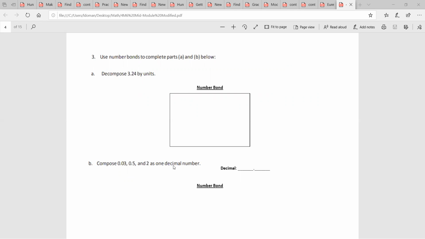Now, I am not particularly requiring the number bond, but if you want to try it for a bonus, the 3 24/100 can be done right here. This is where you're going to do that breakdown. For B, you are going to take these numbers, so you have 3/100, 5/10, and 2, and write that decimal here. The number bond is not required, okay?